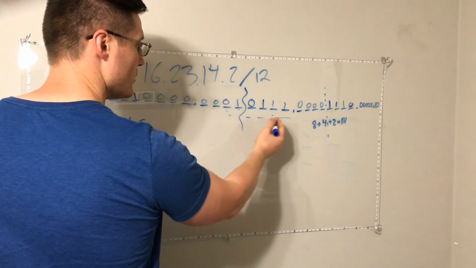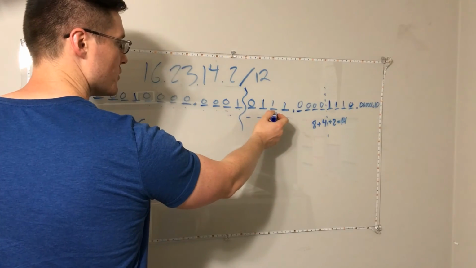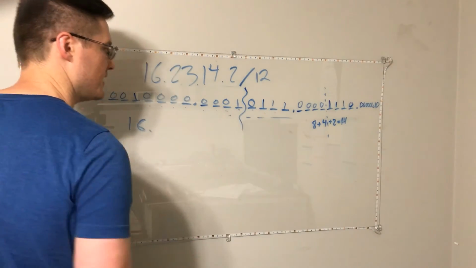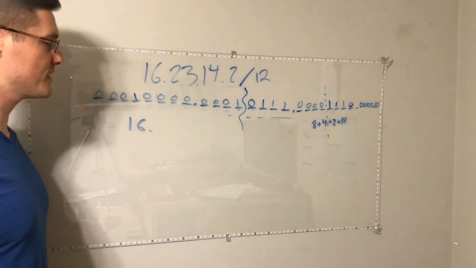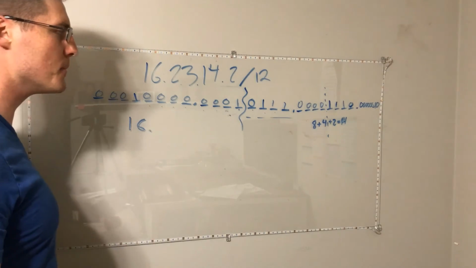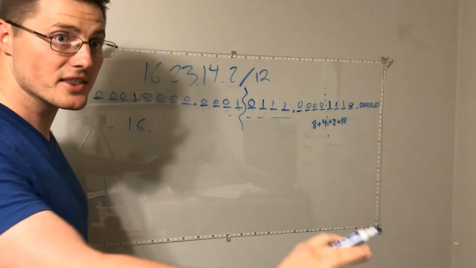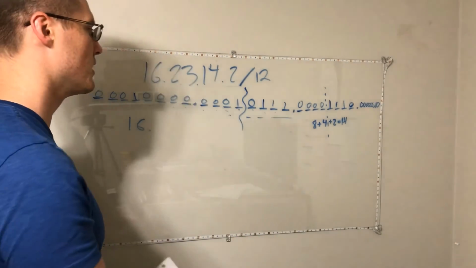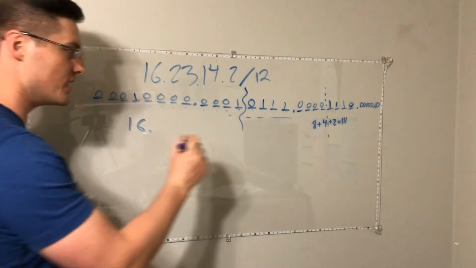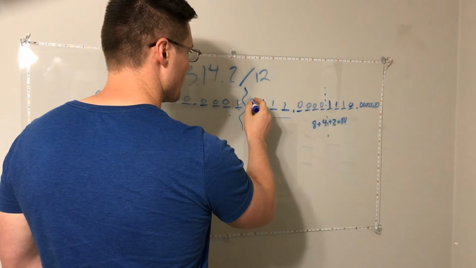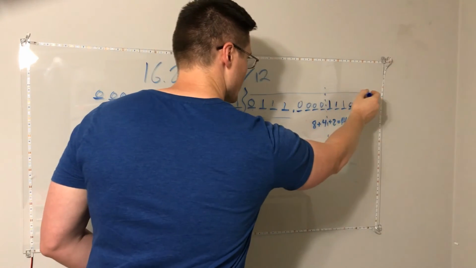In this scenario, 0, 1, 2, 4, 8, 16. So you automatically have 16. But you can't just take 16 and put it over here and say that's the subnet mask for the rest of it. What you have to do is clear the rest of the zeros.